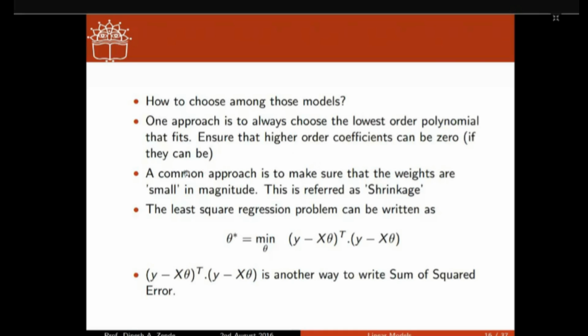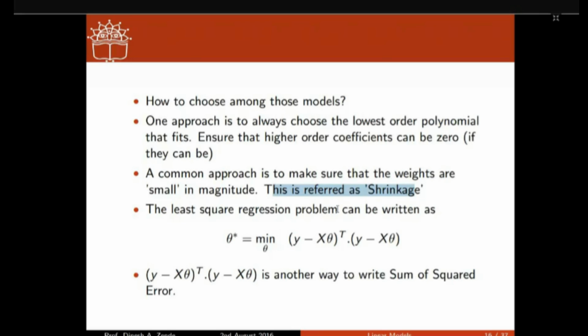Another common approach is to make sure that the weights of the parameters are small. You can have small magnitude parameters, and this method is called shrinkage. You just consider small weight parameters.